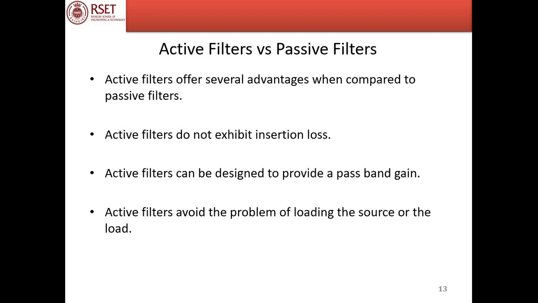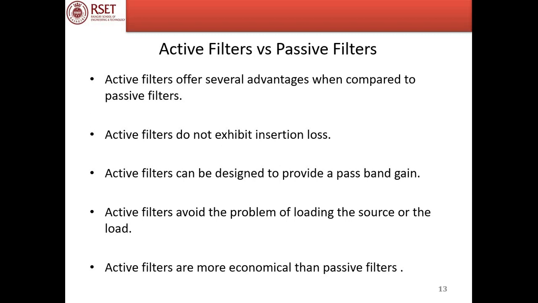So because of this high input impedance, when you use an op-amp to implement an active filter, it avoids loading the source. And because of the very low output impedance of the op-amp, it avoids loading of the load. So this is not possible with passive filters. This is an advantage of active filters.